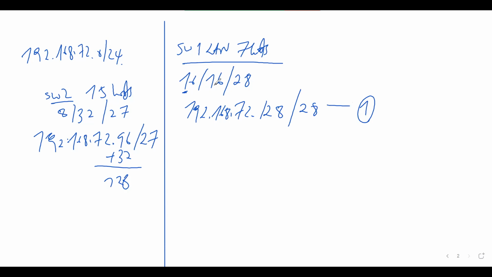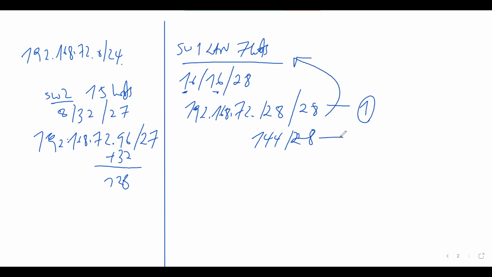The next one, we add 16. So if we add 16, 128 plus 16, that is dot 144 slash 28, right? So we're going to assign this subnet mask to accommodate our 7 hosts.